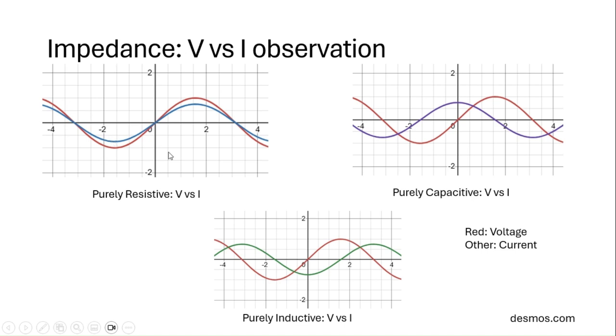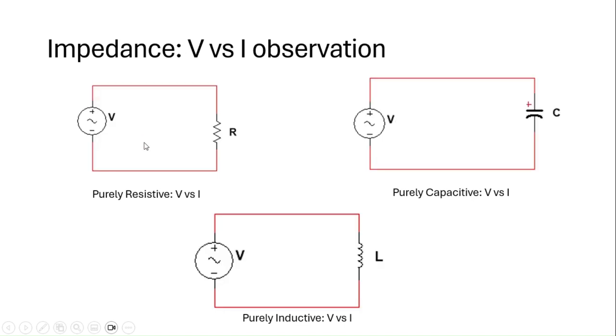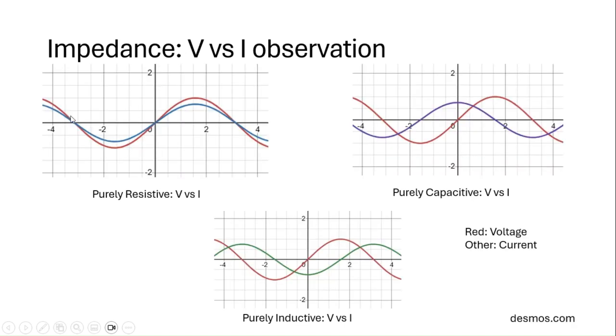Looking at the resistive circuit, and by the way, the voltage is in red and the current is the other color, blue. For this purely resistive circuit, we clearly have a difference between the amplitudes, the levels for the voltage and current.